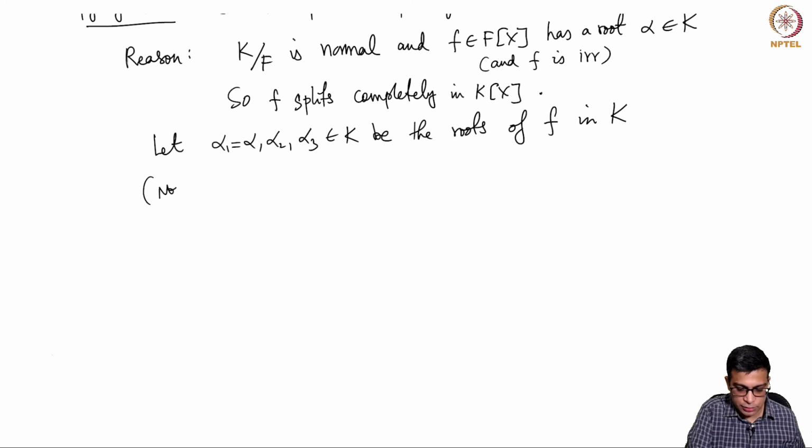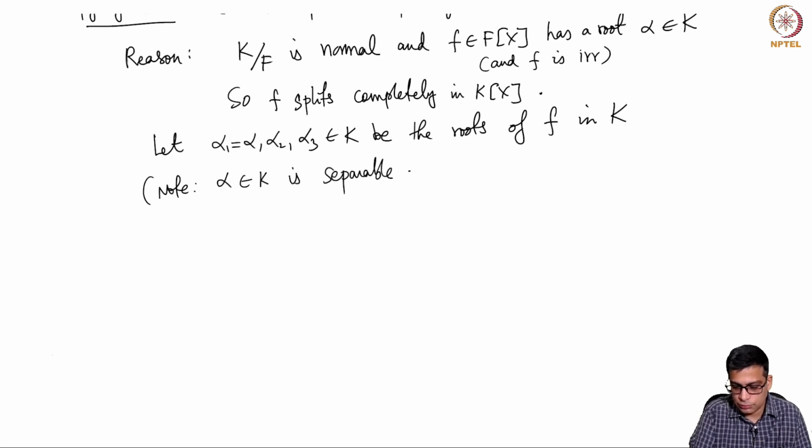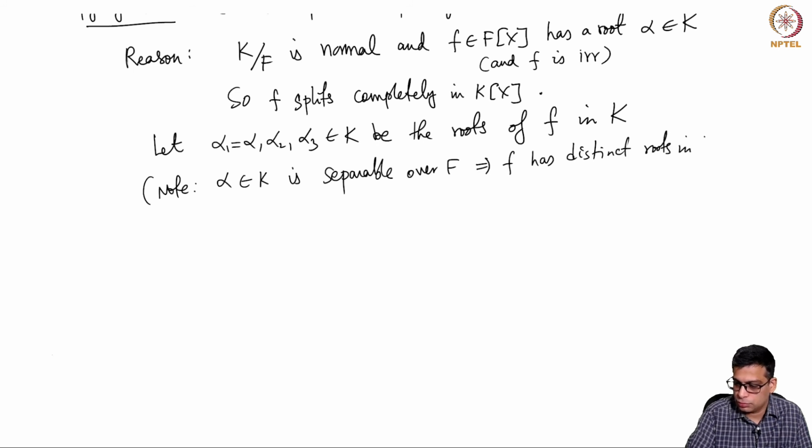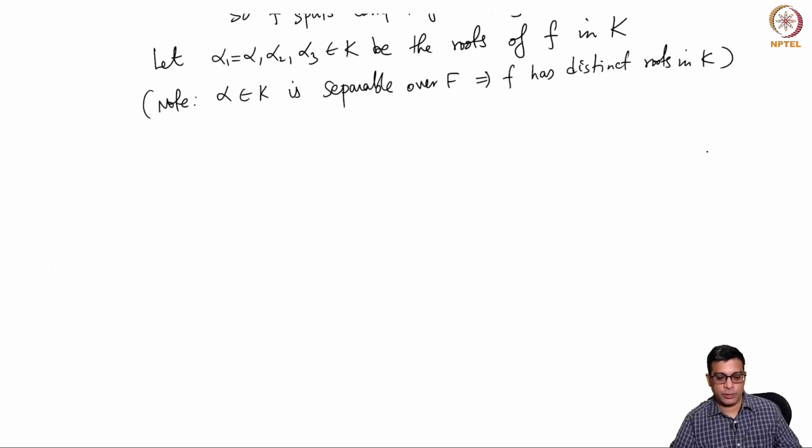So note that alpha in K is separable over F. So f has distinct roots, being the irreducible polynomial of a separable element.